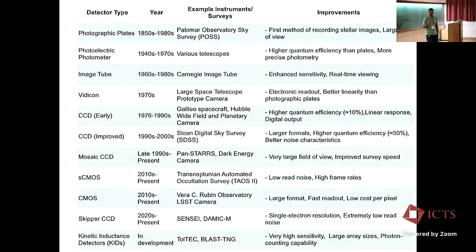So SDSS did a very wide survey starting from 1990, and it went on till 2020, and it observed billions of objects in terms of the photometry and about 10 million objects in terms of the spectra. So that was shown in my plot in the previous slide.